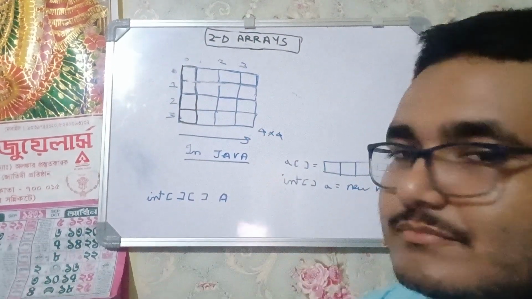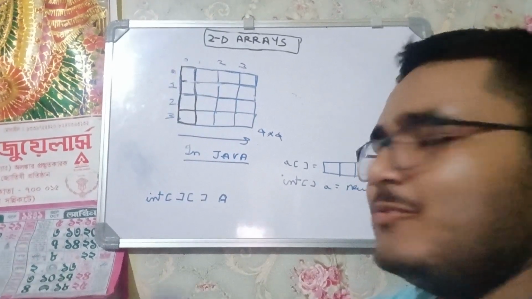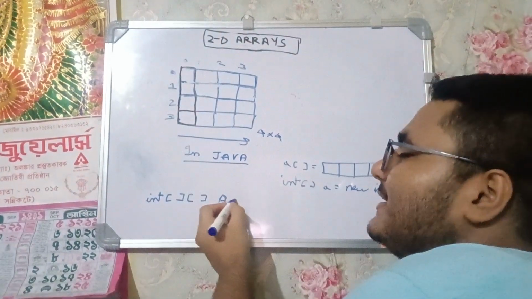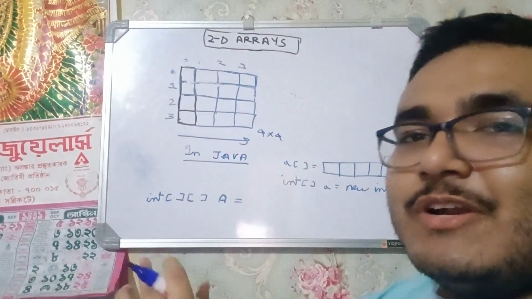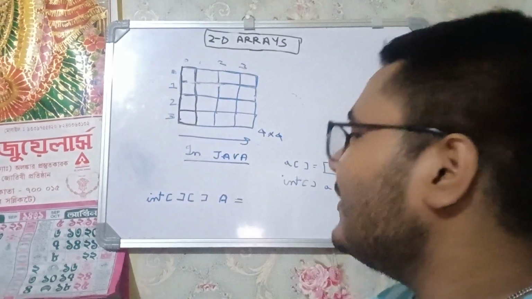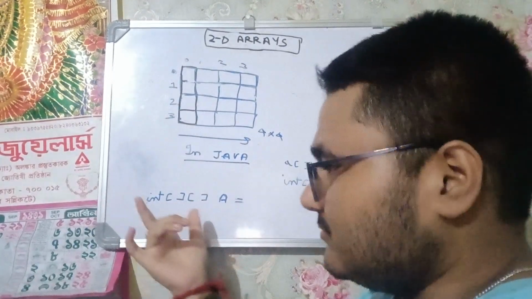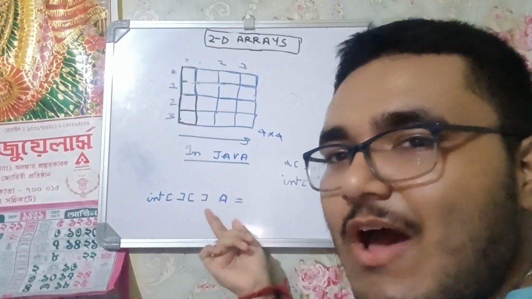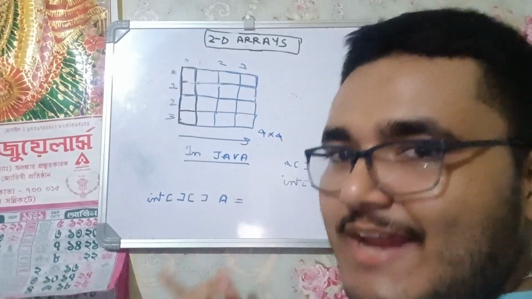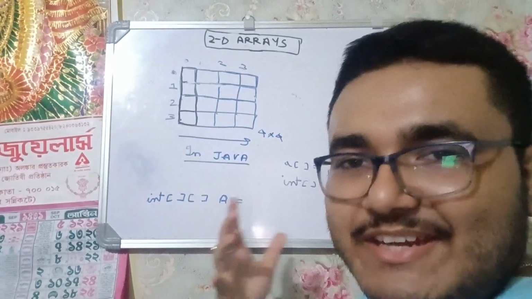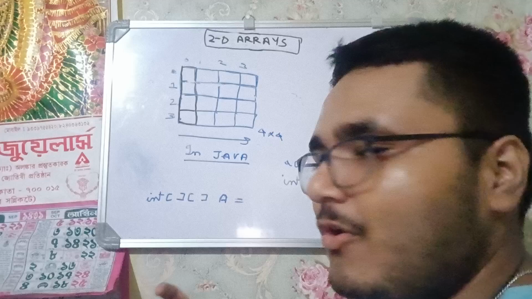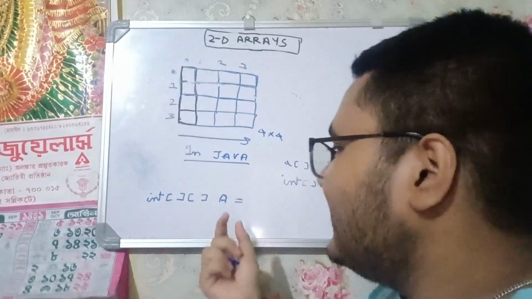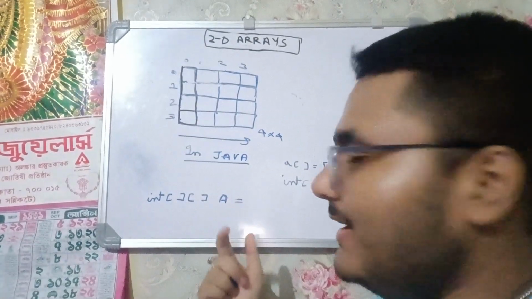Capital A. Now the same thing, absolutely same. I have already told in my previous lecture, whenever you are declaring an array, in Java an array is like an object only, another object. Every variable is in fact like an object only, but also an array, right?